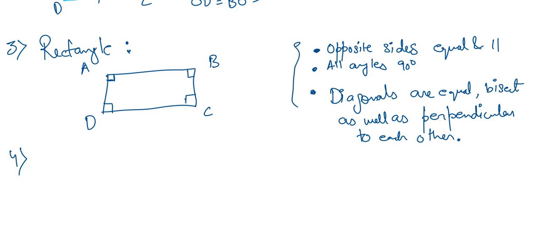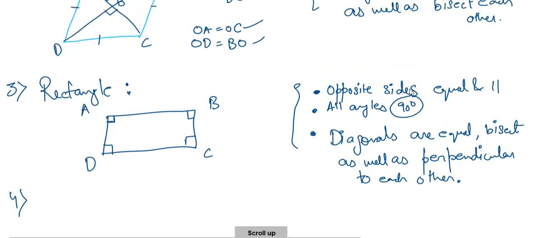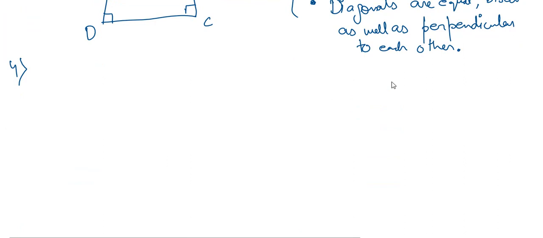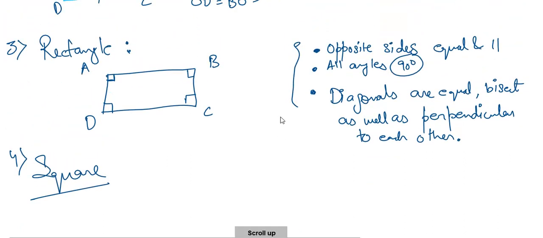The main key to be noted is all the angles must be 90 degrees, and since opposite sides must be equal, not all the sides. If all the sides were equal, it would come under the category of my next quadrilateral, which is the square. Square has all the properties of a rectangle.